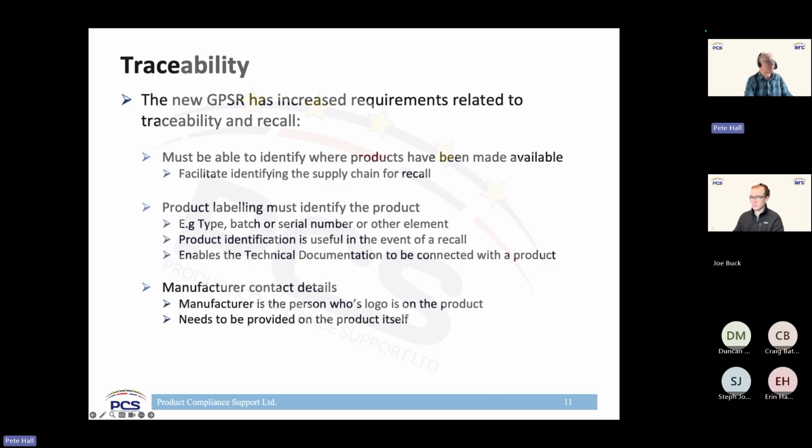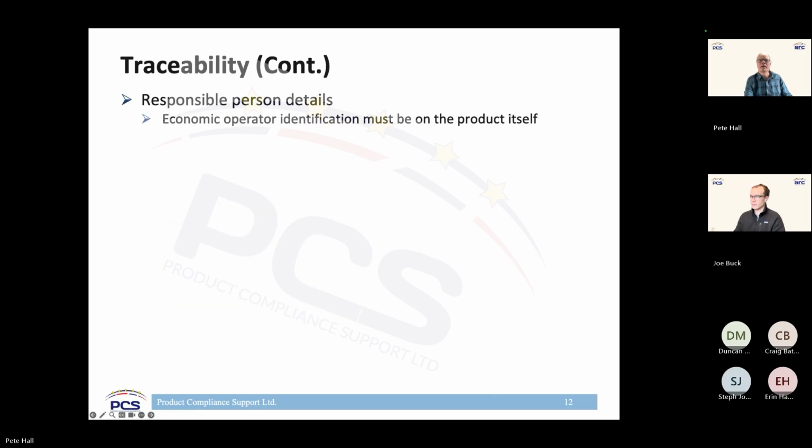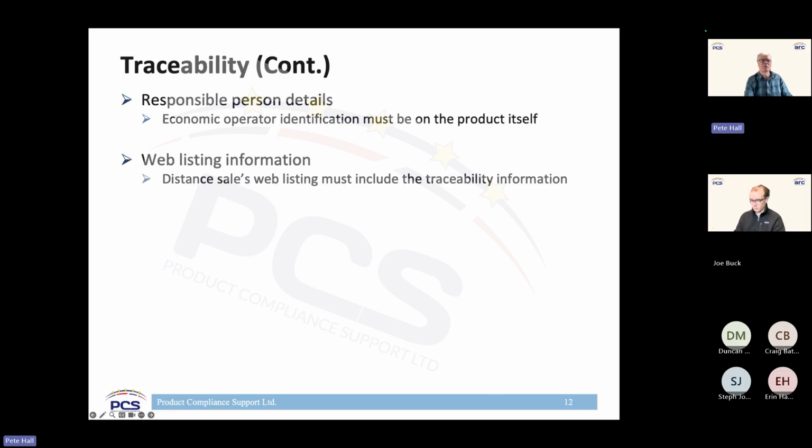They're about traceability, so they have to know where many products have been circulated to, and also in certain cases where materials or components have come from, so that if a component is the cause of a safety issue, then those components can be traced through the supply chain. And also these responsible person's details have to be on the product, so that they can contact a responsible person in the EU and have some jurisdiction over them, even if the manufacturer is outside the EU.